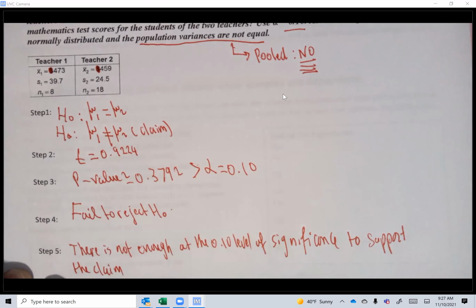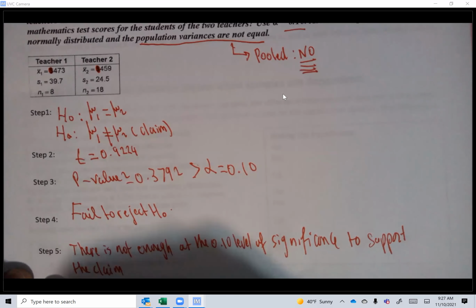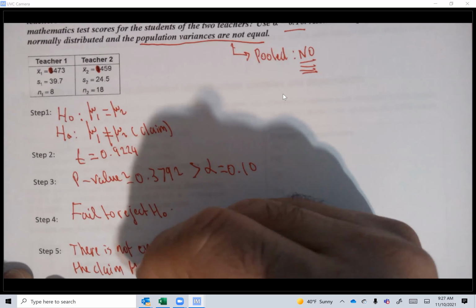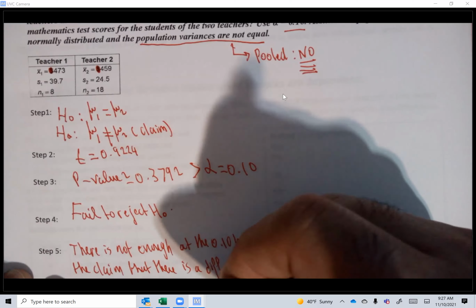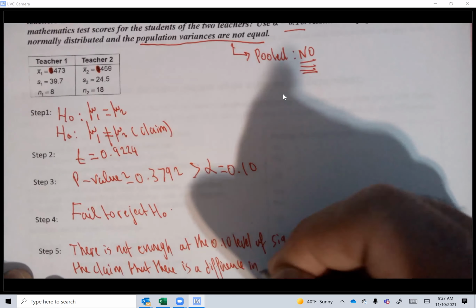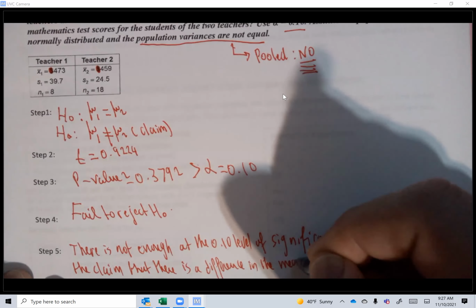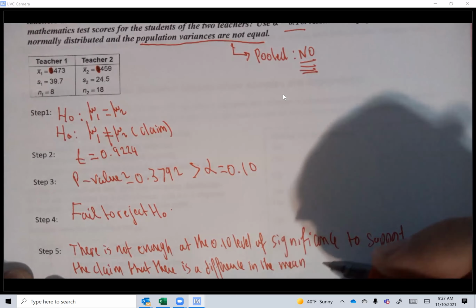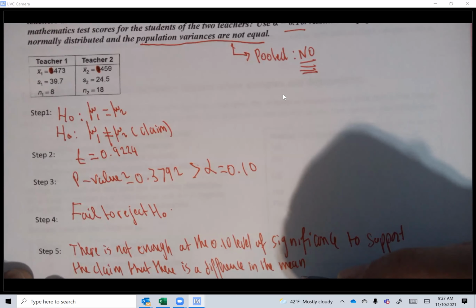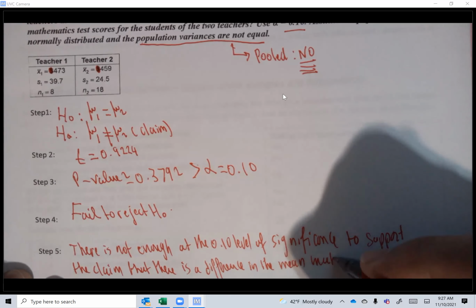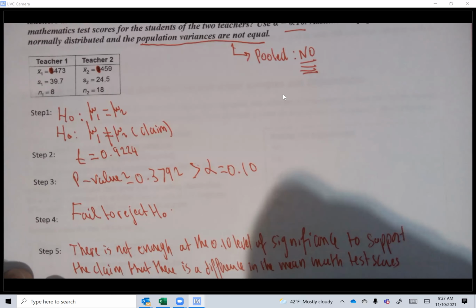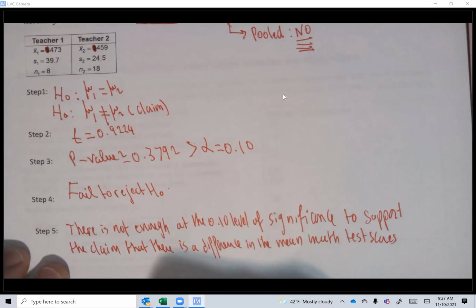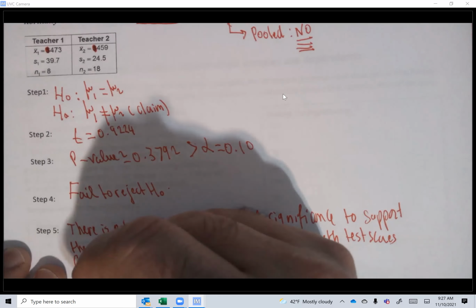To support the claim that there is a difference in the mean, I'll write it down. There is a difference in the mean. I'm just copying it exactly. And the mean math test score for the students of the two teachers.